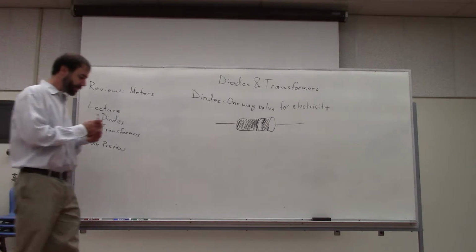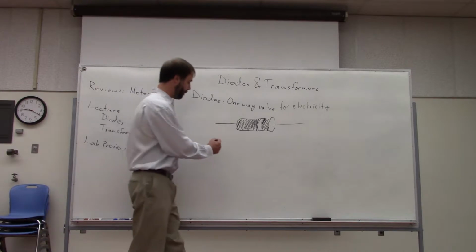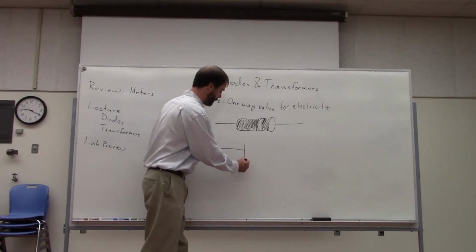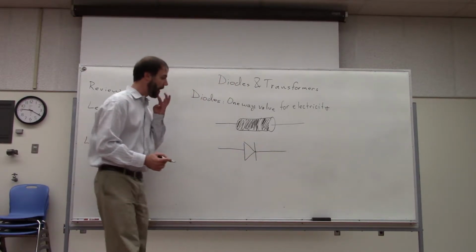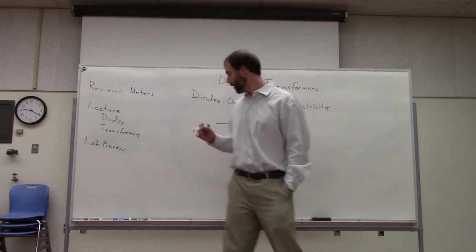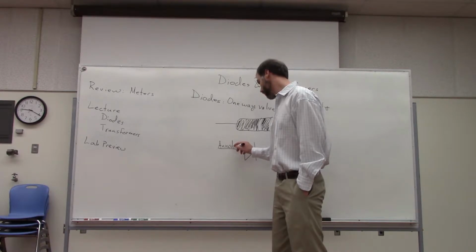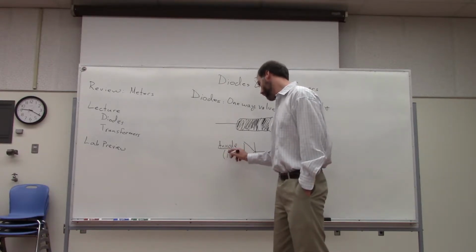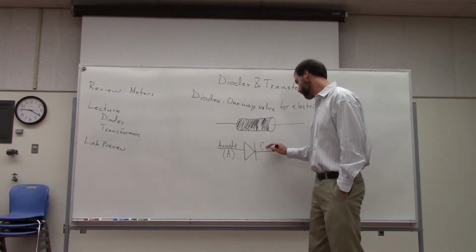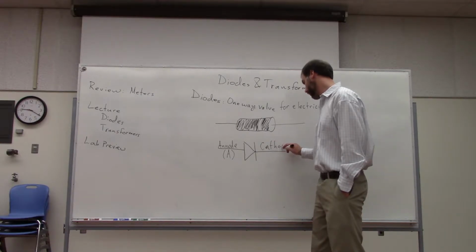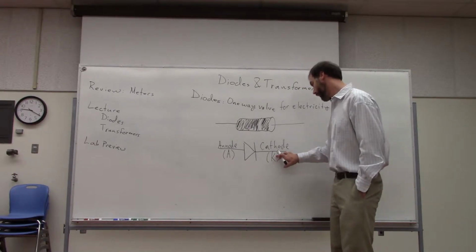So if you look at the circuit schematic diagram for a diode, it looks like this. So it's got two different sides. This side over here is called the anode, and that's abbreviated A. And the other side is called the cathode. And that's abbreviated K, because an engineer made it up, and engineers can't spell.